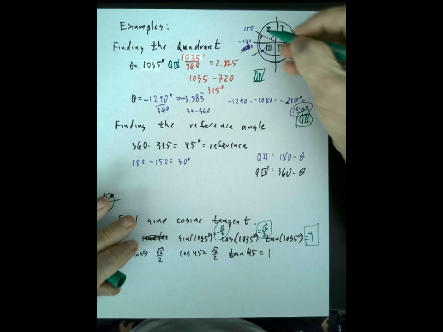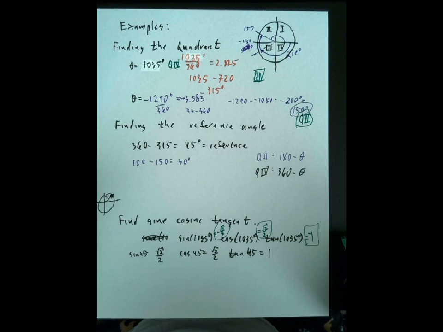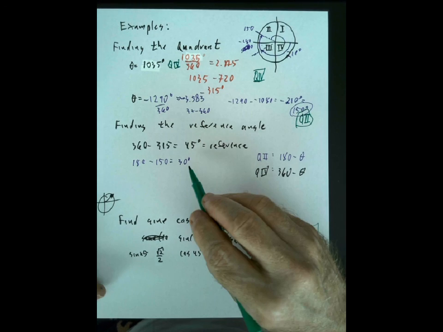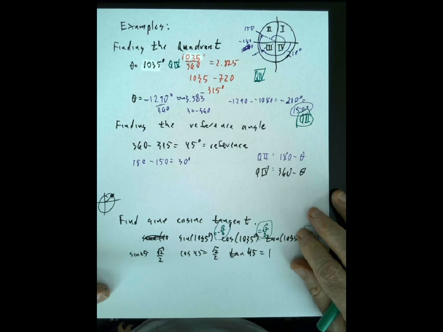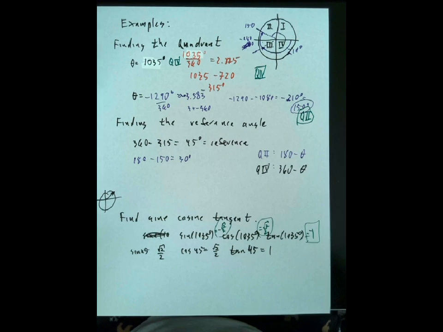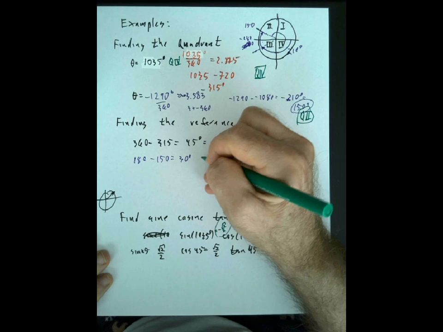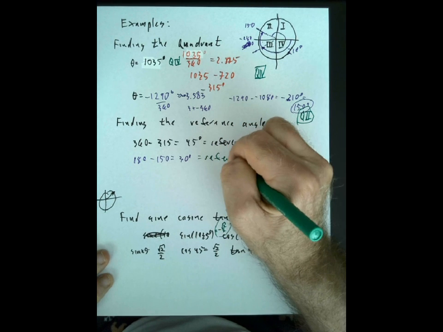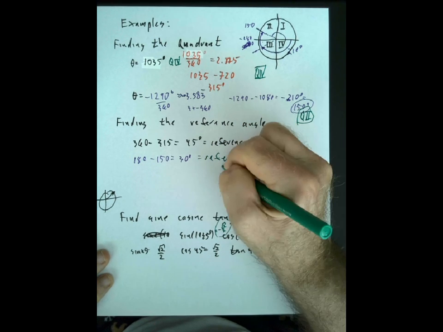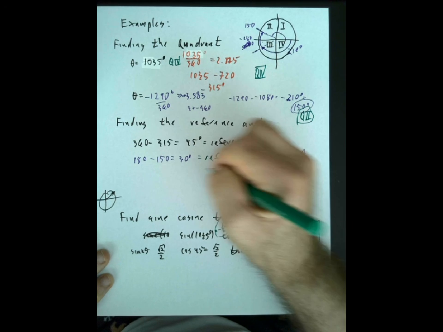Because it fell into the Q2 region. So the reference angle is 30 degrees. Okay, so now down to the third part. Let's label that. All right, that's what we got there.